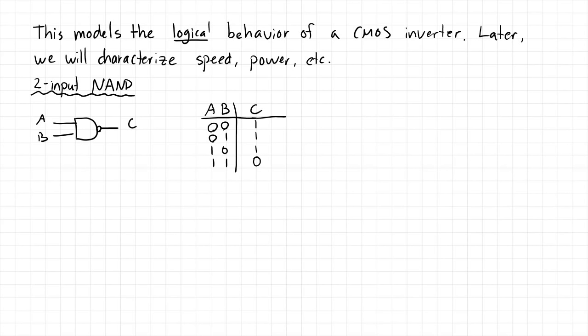That's, again, not rocket science to build a truth table like this, but it actually does help to conceptualize how we're going to actually build our transistor level model for such a device.